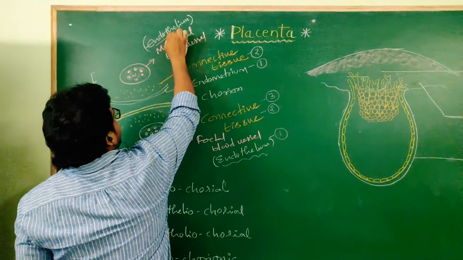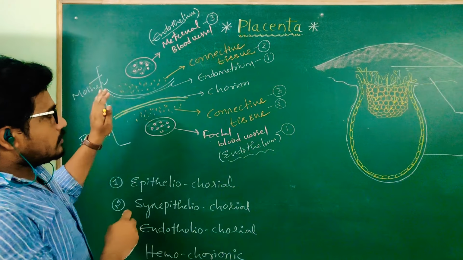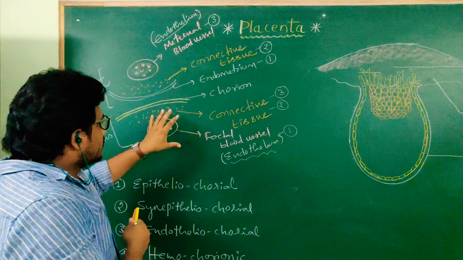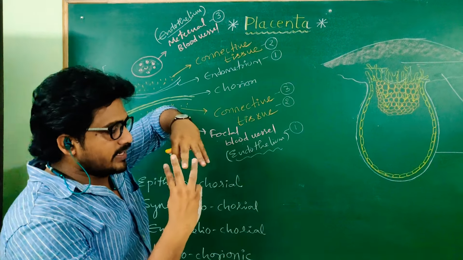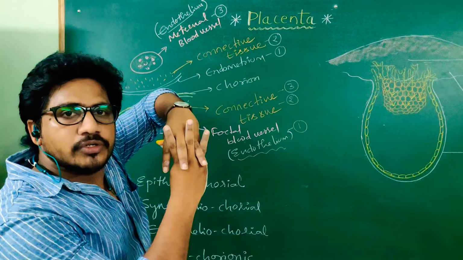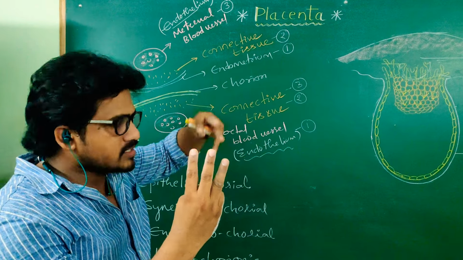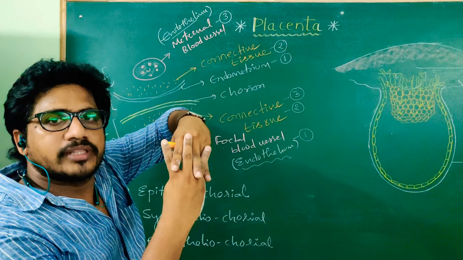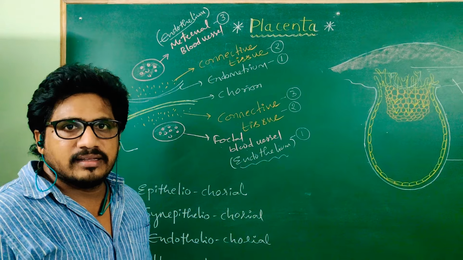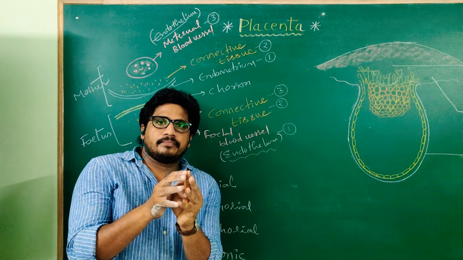Blood vessels means what again? Endothelium. This is part 3. So in the given picture, 3 tissues of the fetus are interacting with the 3 tissues of the mother. 3 plus 3, total 6. So in the formation of the placenta, total 6 tissues.